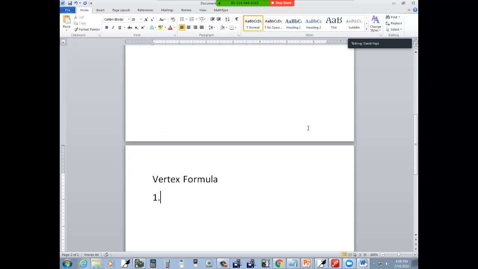The steps to it, our first step is to identify a and b. You don't actually need c. Then step 2, substitute these values into negative b over 2a and simplify.